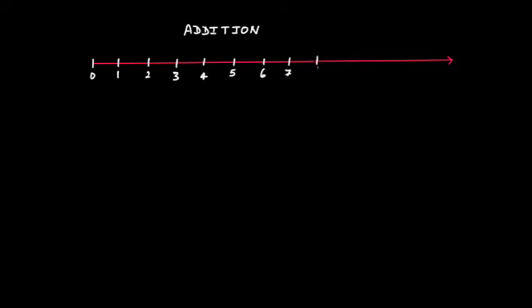If I draw this line again, and if I plot 0, 1, 2, 3, remember all are equidistant from the previous one, 4, 5, 6, 7, 8, 9, 10, 11, and this is 12.